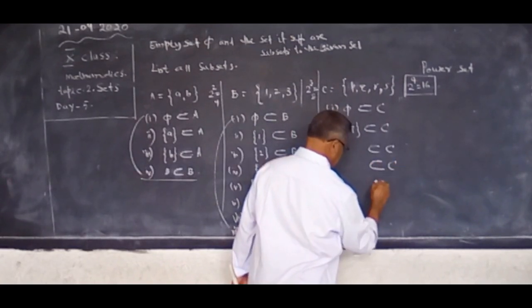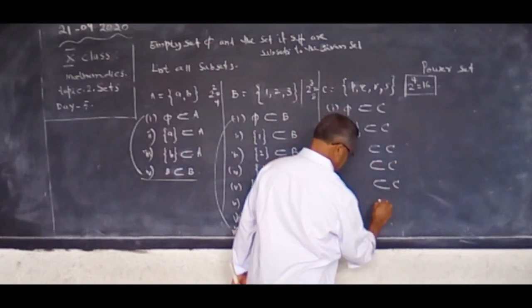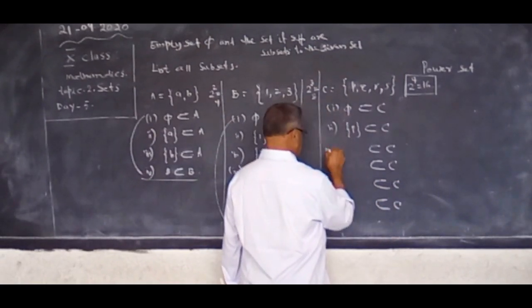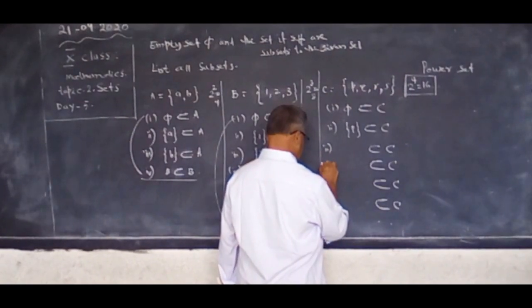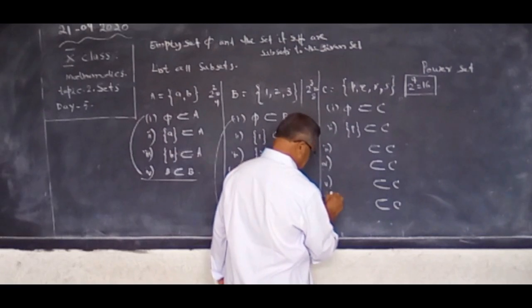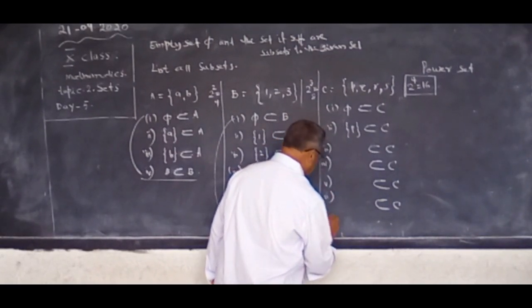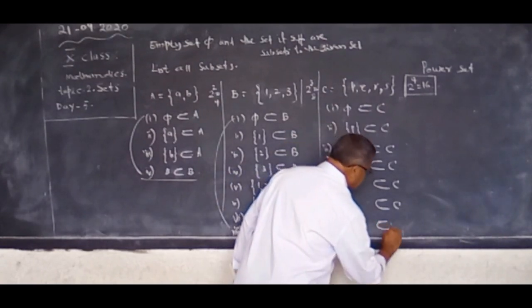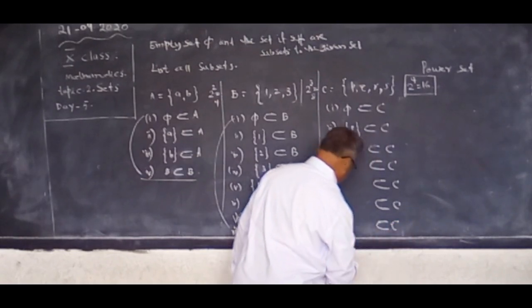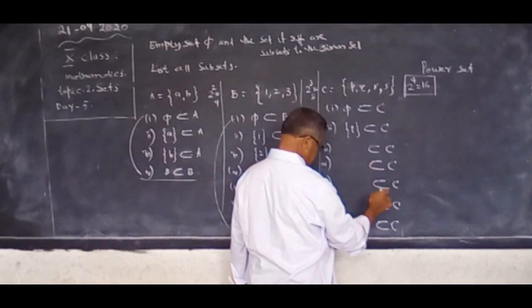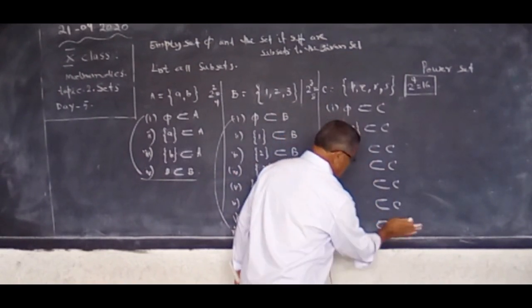Subset of C, subset of C. This is 3, this is 4, 5, 6, 7, 8. So write 1, 2, 3, 4, 5, 6, 7.